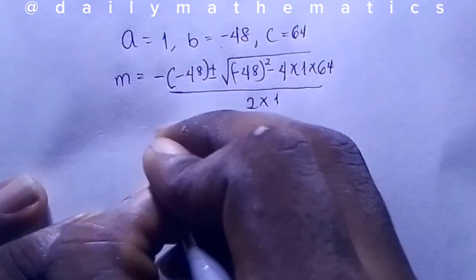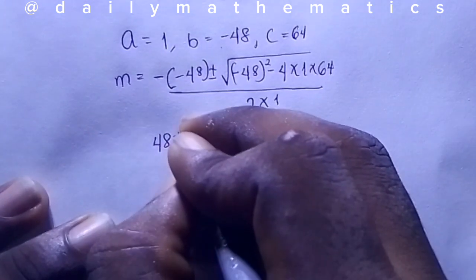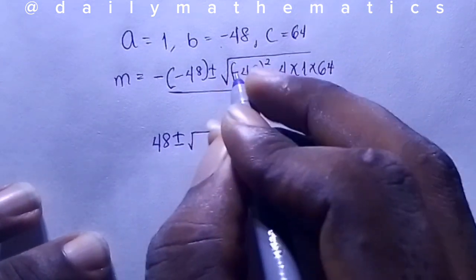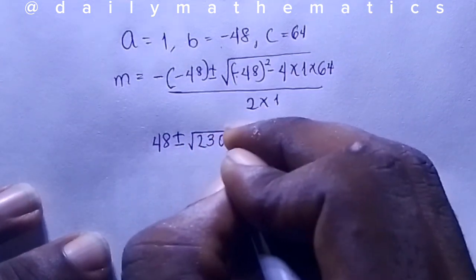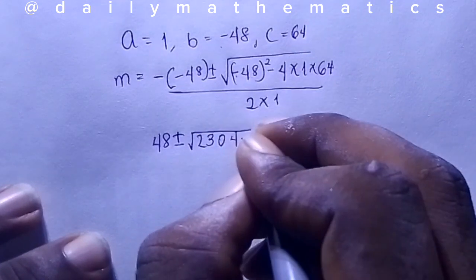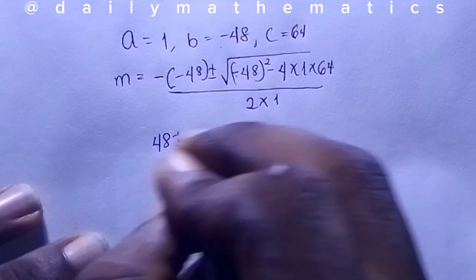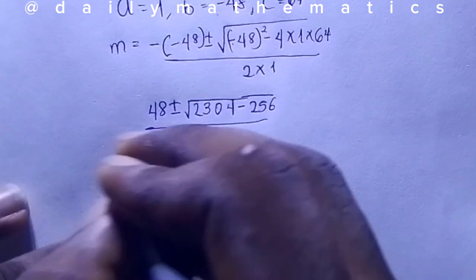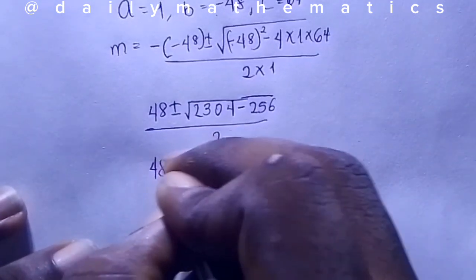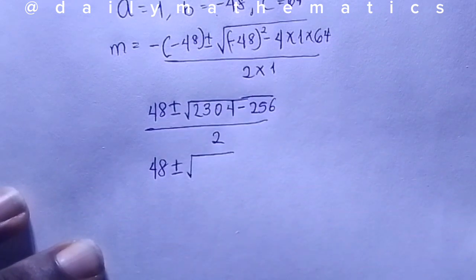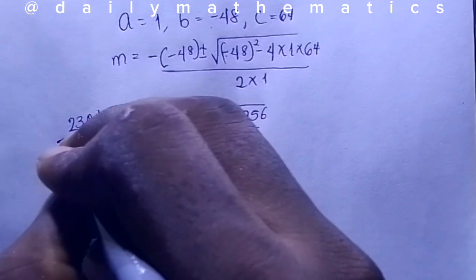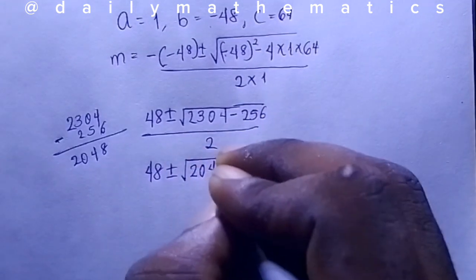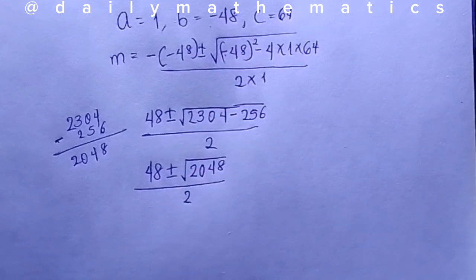We have 48 plus or minus the square root of 2304 minus 4 times 1 times 64, which is 256, over 2. So 2304 minus 256 gives us 2048, so we have 2048 under the root, over 2.